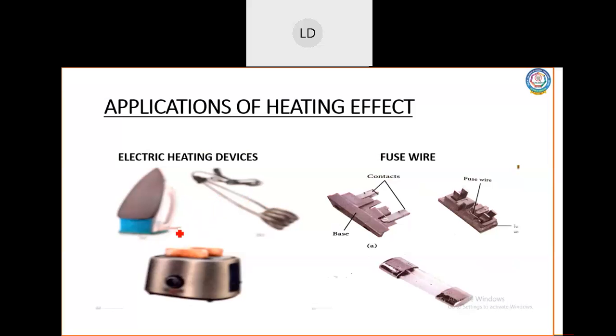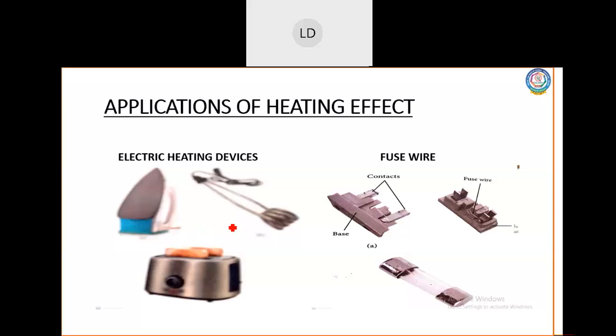These electrical appliances have a heating coil inside them. This heating coil has a very high resistance. We saw that greater the resistance, the greater the amount of heat energy produced by these electrical appliances.